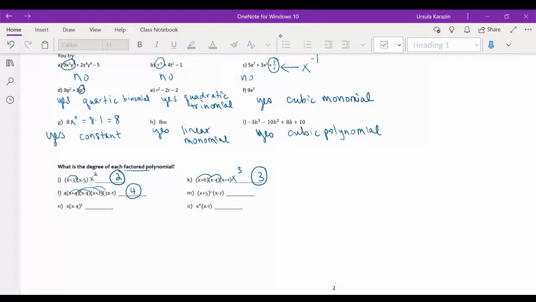Okay, so this one should be a 3. This one, now don't miss this guy out here, this one's going to be a 4. And then this one, don't forget this one out here, so this will be 5. So notice finding degree is a little bit different when it's in factored form than when it's in standard form. When it's in standard form, you are looking at the highest exponent.